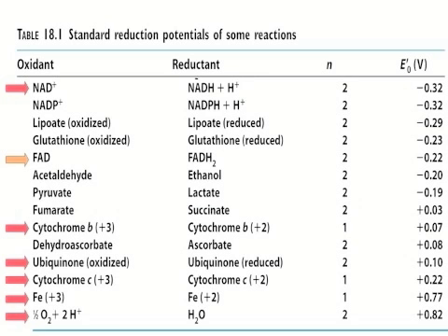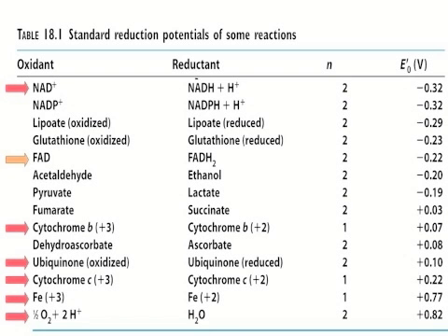This table shows the electron carriers that we're going to use in the electron transport chain. You can see that NADH, the reductant, has the highest electron transfer potential. Then FADH2, cytochrome B2, ubiquinone, cytochrome C, iron, and water.